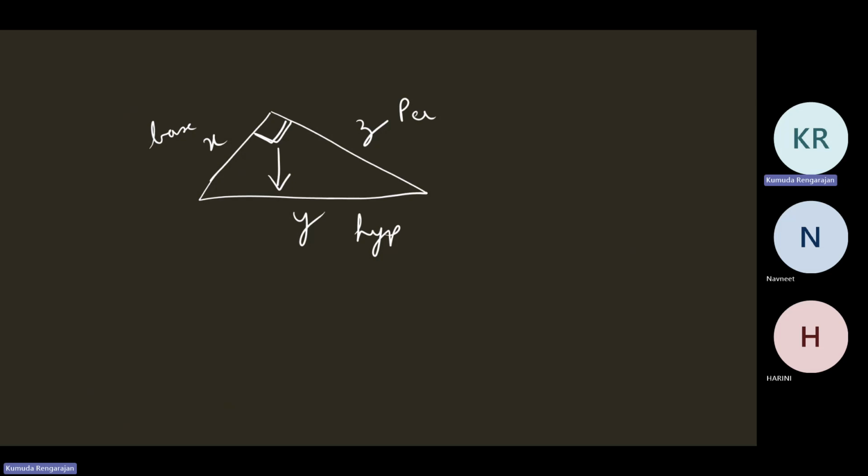Don't worry about that. Base and perpendicular are the legs basically. So the result is X square plus Z square is equal to Y square. Remember that hypotenuse square will be alone on one side. X square plus Z square is equal to Y square, or you can write Y square is equal to X square plus Z square.